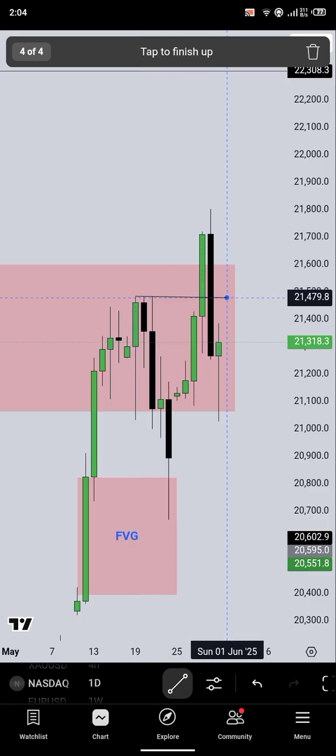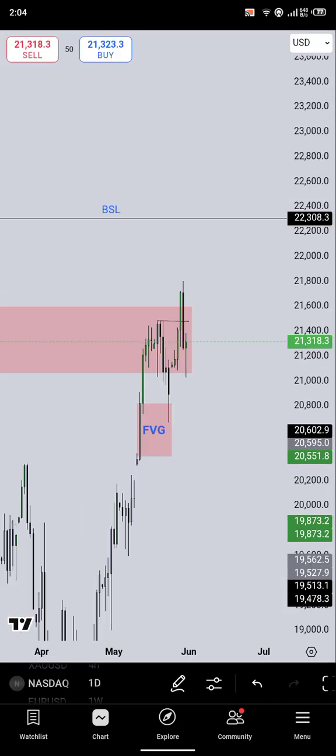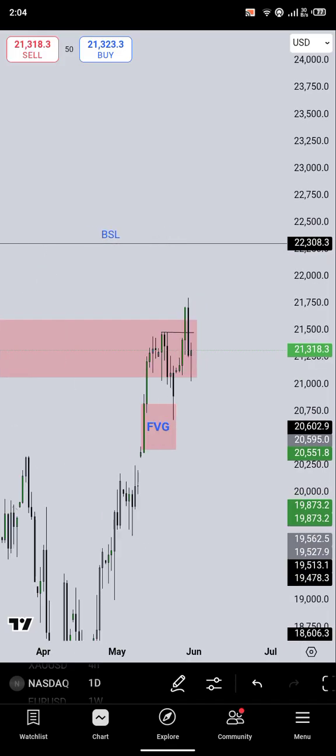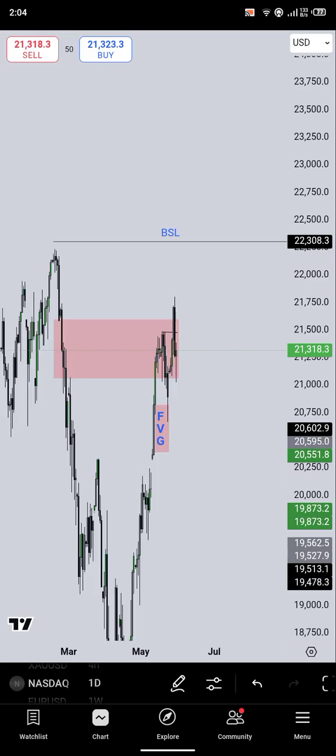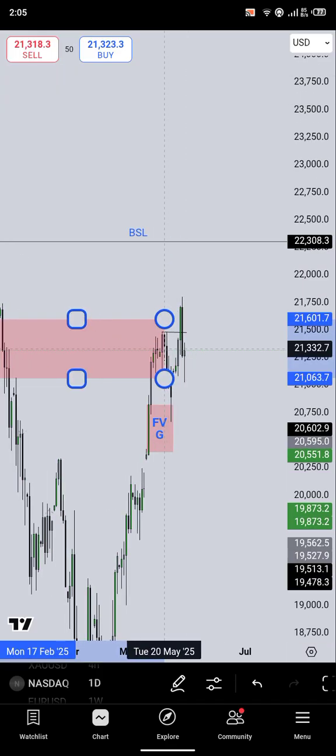So we might continue to see some push to the upside. The Nasdaq still looking quite okay.